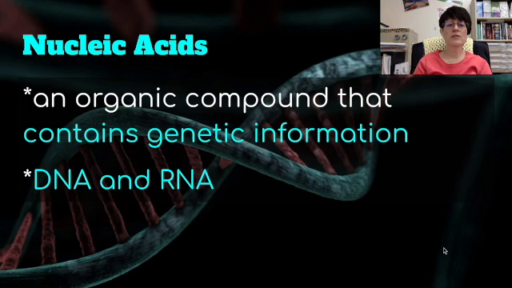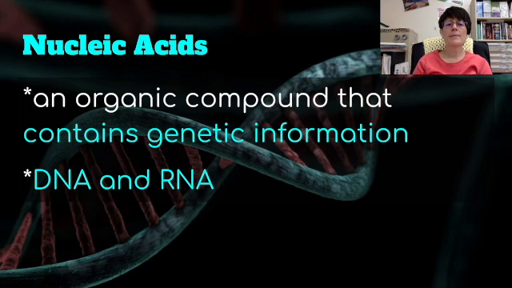And then we also have nucleic acids. Nucleic acids are an organic compound that contains genetic information. And nucleic acids come in two forms, DNA and RNA. DNA is deoxyribonucleic acid, and RNA is ribonucleic acid. And we're going to talk about the crucial functioning of these things in our body.